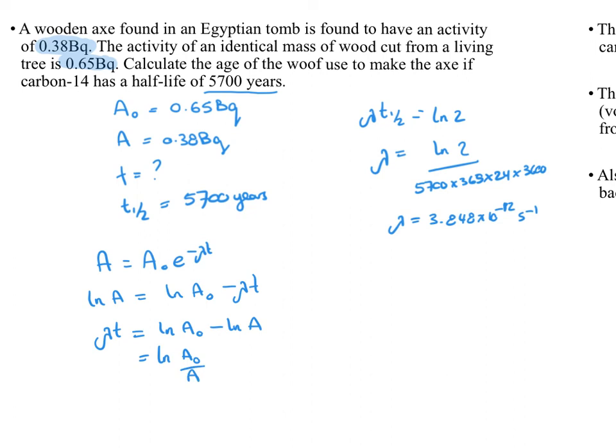And then I'll divide my expression by lambda to get t. Then I can put all my values in, so t is ln of 0.38 over 0.65.